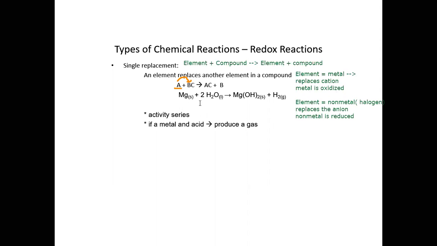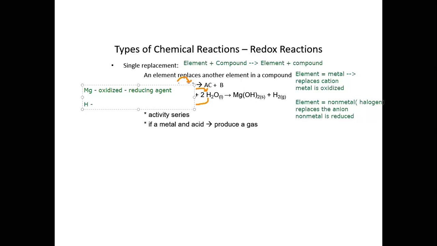And so here we have magnesium plus water gives us magnesium hydroxide and H2. And so what happens is magnesium is a metal, it's going to displace the cation, or the one with the positive charge, so it displaces hydrogen, and we get magnesium hydroxide. Now, since magnesium is a metal, magnesium is oxidized, so it's the reducing agent.